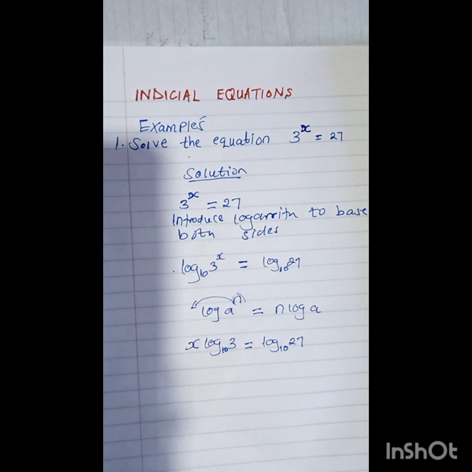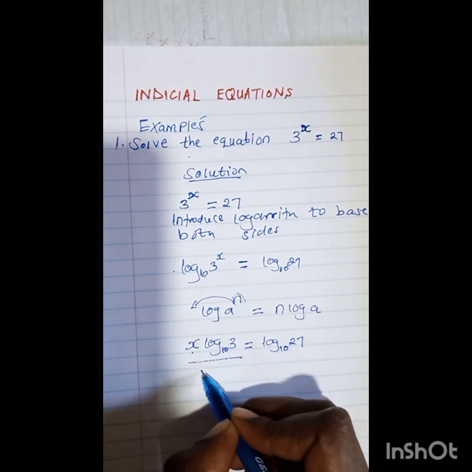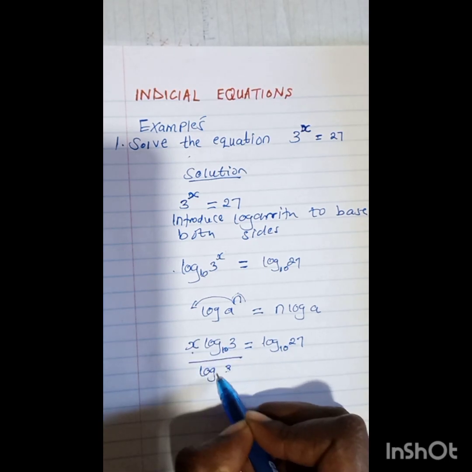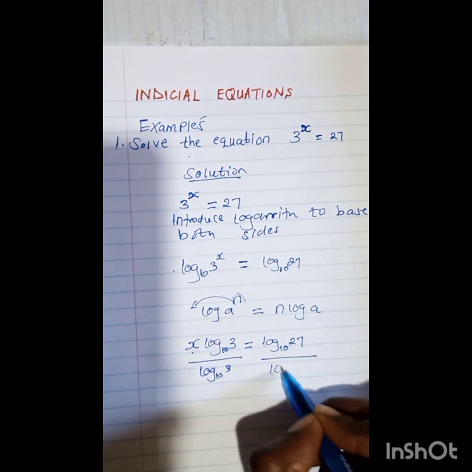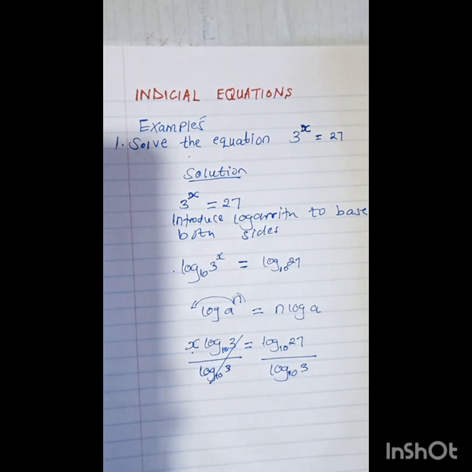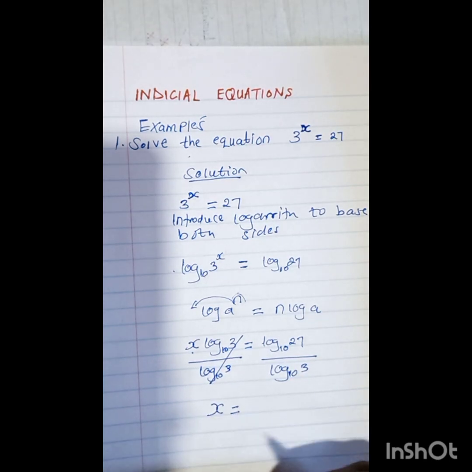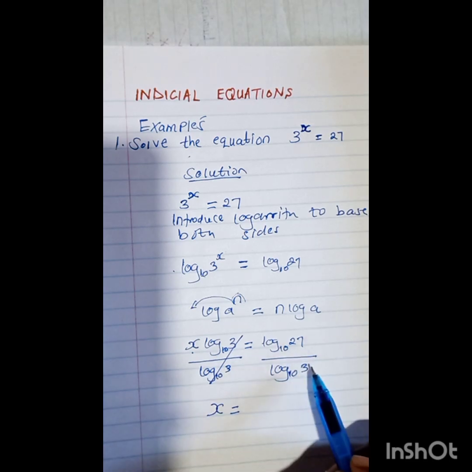And then from there, for me to obtain the value of x here, I will divide both sides by logarithm of 3 to base 10, so that the whole of this one will cancel out. And then my x is equals to, if you take from your calculator logarithm of 27 divided by logarithm of 3, you will have 3.